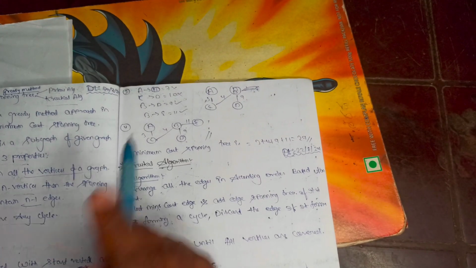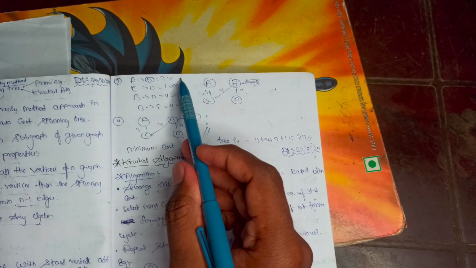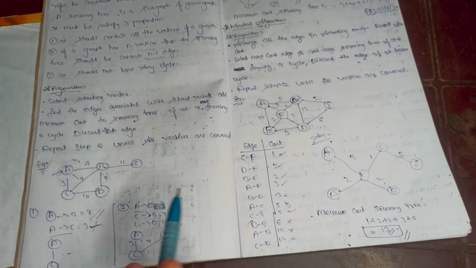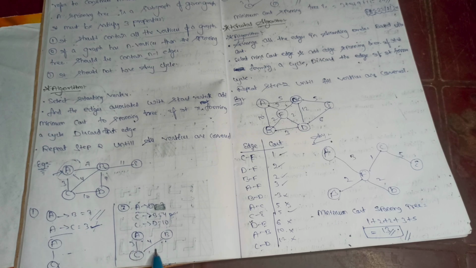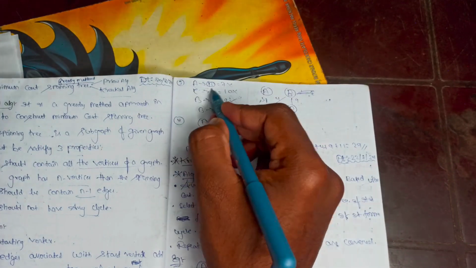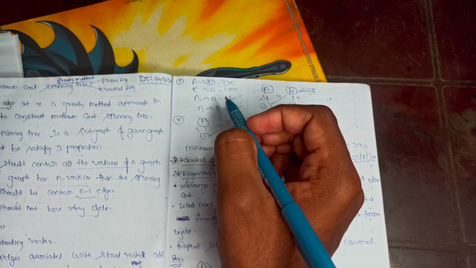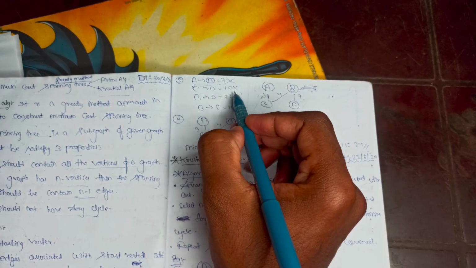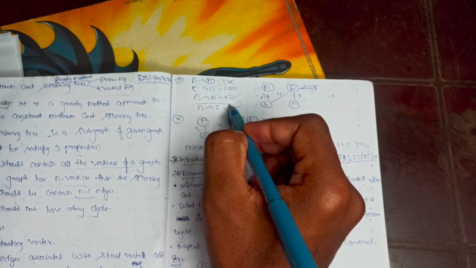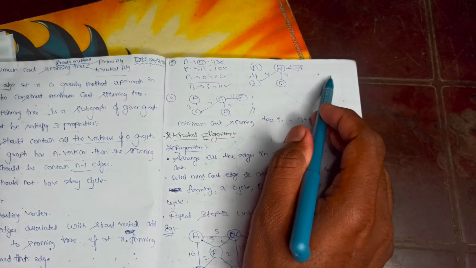We will check all of these; the minimum value is 7. But if you consider that, it will form a cycle, so we do not consider a to b. C to d is also not considered because of its higher value. After 7 is eliminated, the lowest value here is b to d, which is 9. So now we will join b to d.